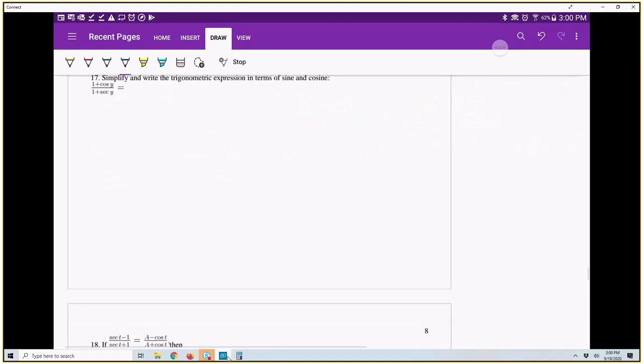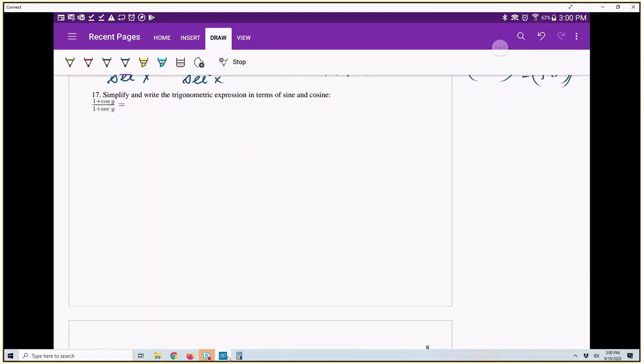Number 17. Simplify and write the trigonometric expression in terms of sine and cosine. So I have cosine on top, the bottom is secant. That's what I need to work with. So I will say this is 1 plus cosine y over 1 plus 1 over cosine y.